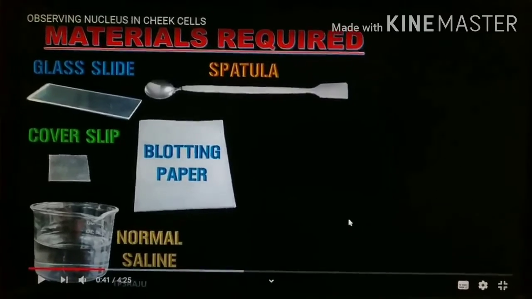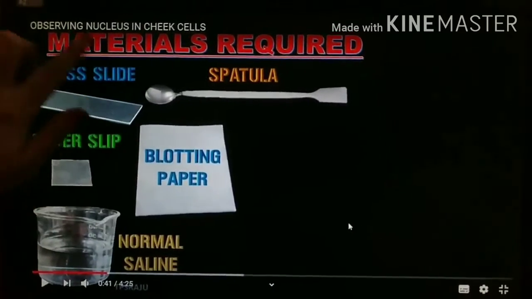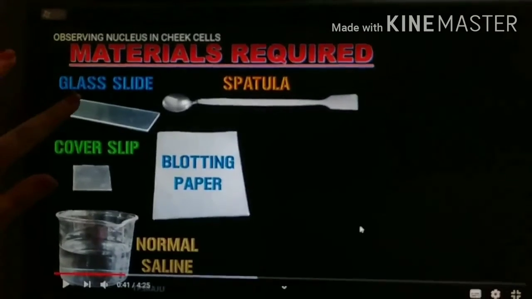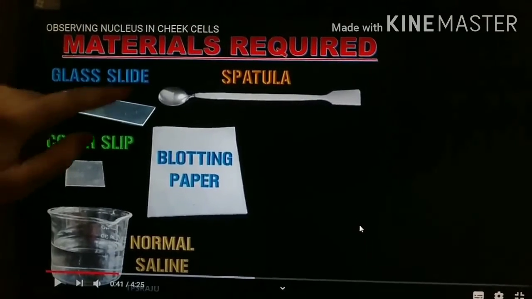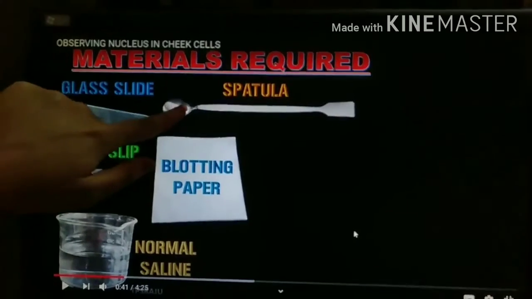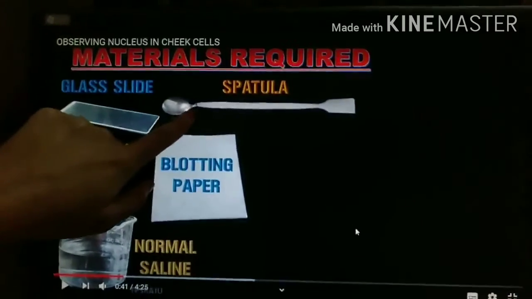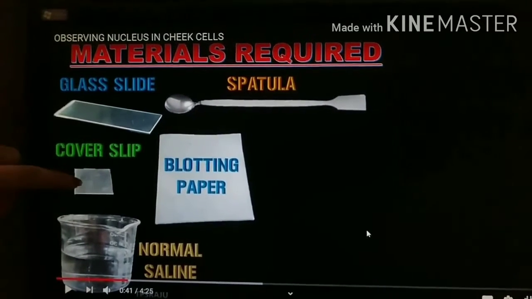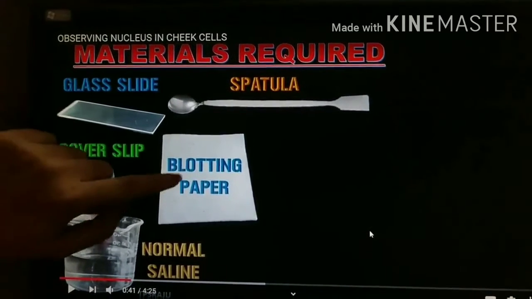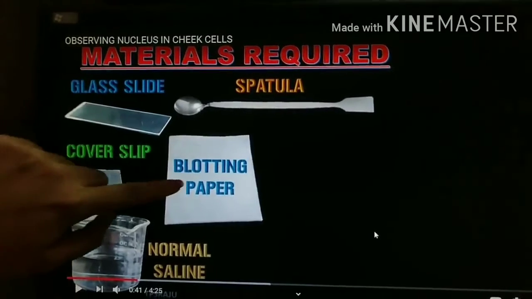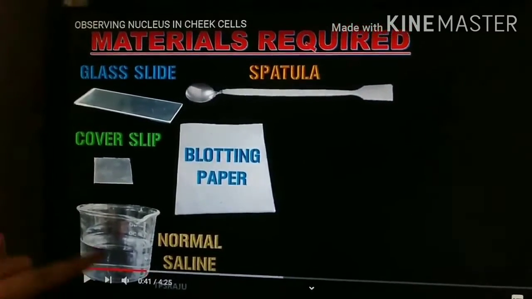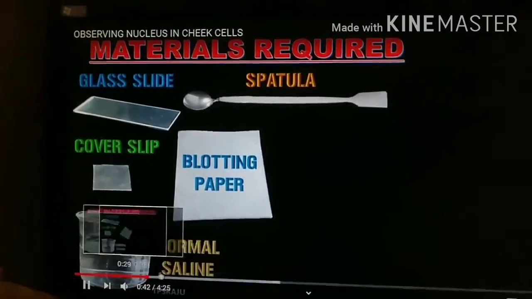To start the activity, these are the materials we require. A glass slide on which we place the cells. This is a spatula; in place of a spatula you can also use a toothpick to take out the cheek cells. This is the cover slip. This is blotting paper, which takes up the excess liquid. This is normal saline.